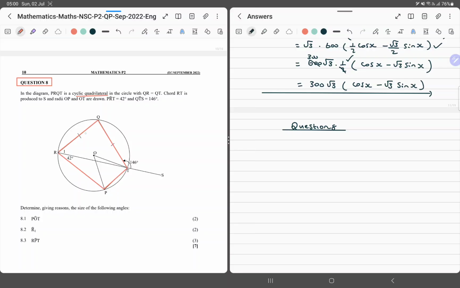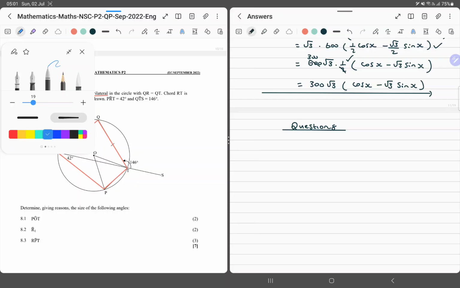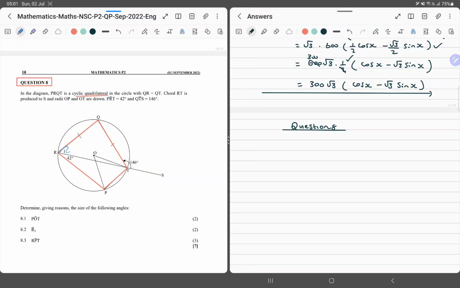But they're already telling us that this side QR is equal to the side QT, suggesting that if we actually divide this line right through the center, because this is produced, I'm sure, yeah, chord RT is produced to S, right? That's it. We can see there that we will find that these angles should be equal as a result. Ne?